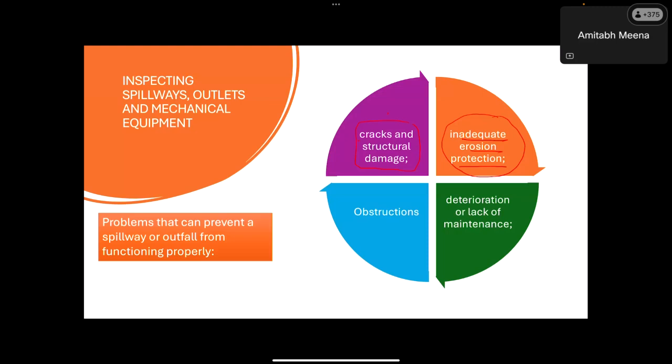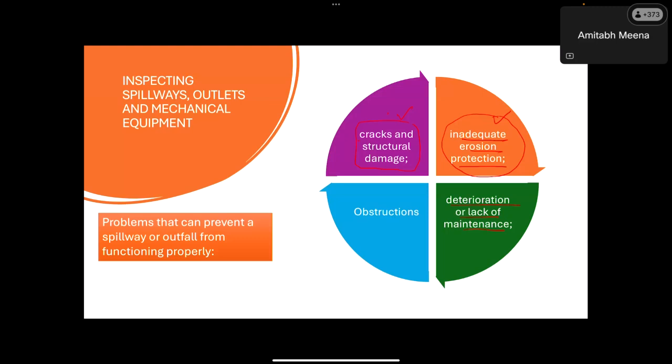We have to also see, so these were first the structural cracks and the energy dissipation structures, and this is the deterioration or lack of maintenance. So if the proper O&M is not done, that is also part of the safety inspection.